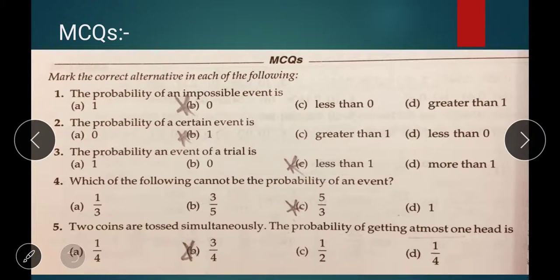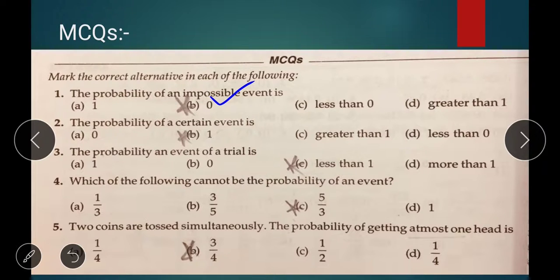Now some important one-word questions. These questions will be asked in your exam, so please listen carefully. Mark the correct alternative in each of the following. The probability of an impossible event is, students listen, impossible event means nothing, so 0 is the answer.